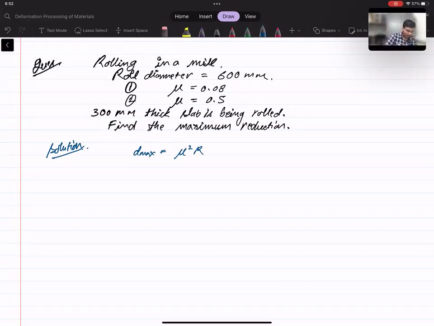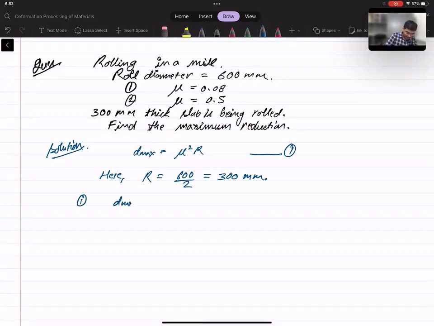Let us call this equation 1. Here r will be nothing but half of the roll diameter. So it will be 600 by 2, that is 300 mm.